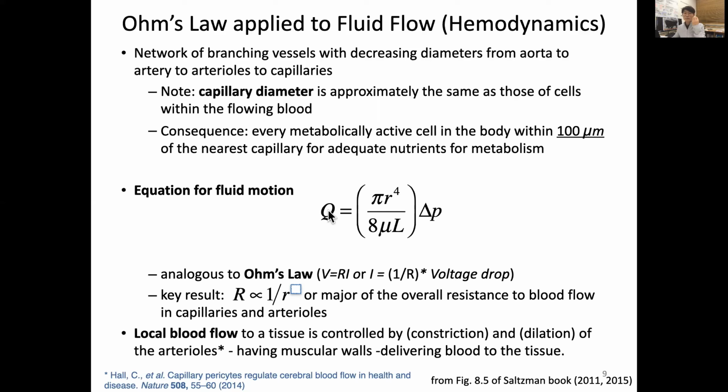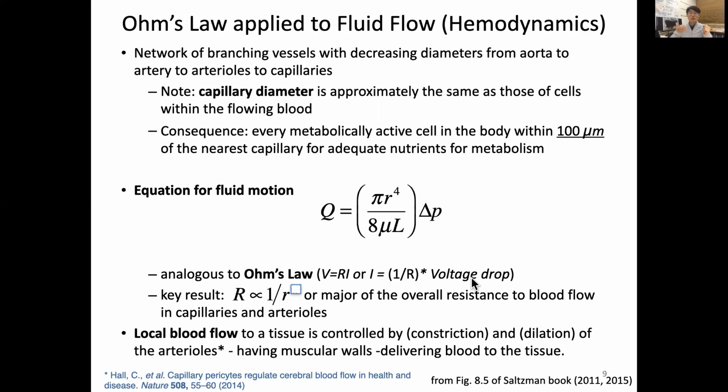This Q is the flow rate, and the flow rate is this term multiplied by delta P. Delta P is a pressure difference. Think about this shape with the known Ohm's law in electrical engineering, V equals IR. I is a current, or you can consider I as a charge flow, and equals 1 over resistance times voltage drop.